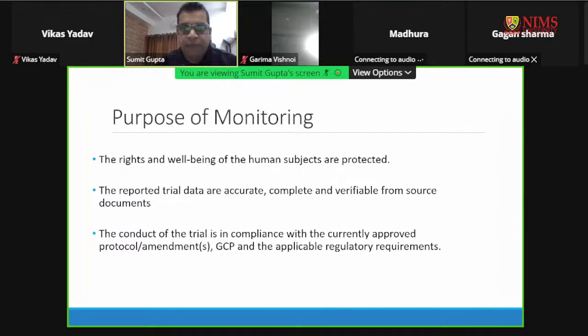This approach is carried out by the CRA, and based on the monitoring plan agreed with the sponsor, these visits can happen every month or every 4 to 6 weeks, and it also depends on the complexity of the study. This approach relies heavily on a significant amount of source data verification. There are several advantages of this type of monitoring, as well as disadvantages, which I'll talk about next.